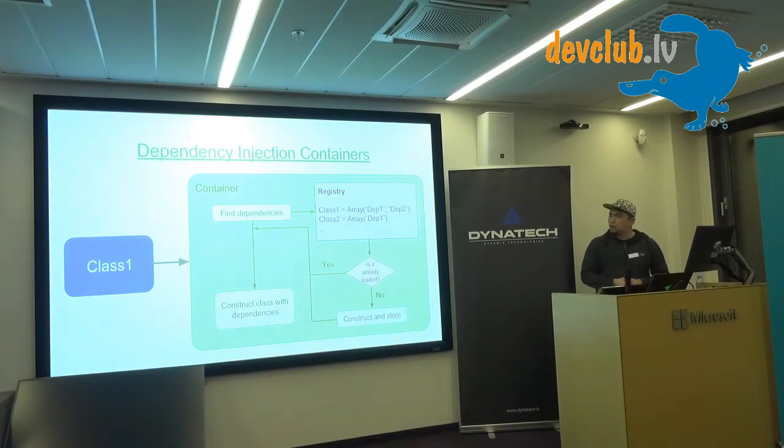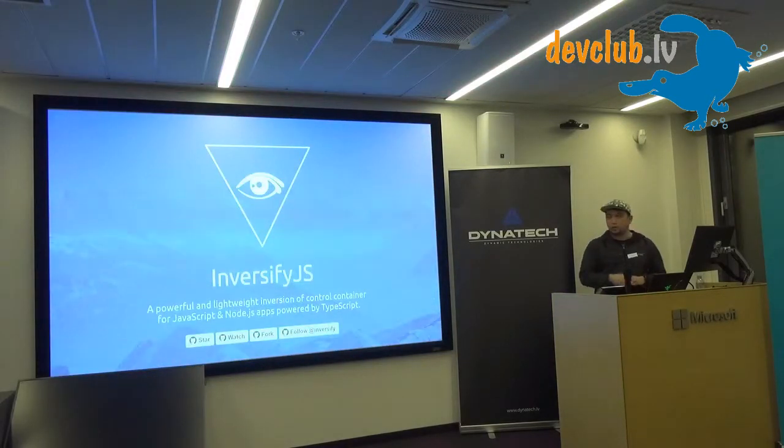So we've heard of dependency injection containers in backend languages like .NET or C#, .NET Framework, Java, right? But rarely do we hear about this topic mentioned in JavaScript. So this is where Inversify comes in, because InversifyJS is really a dependency injection container for JavaScript. Yeah.